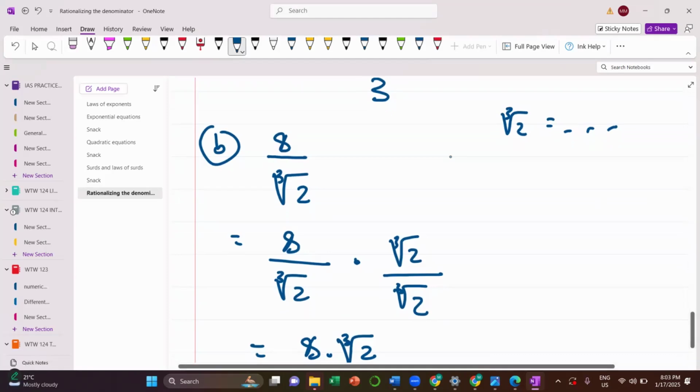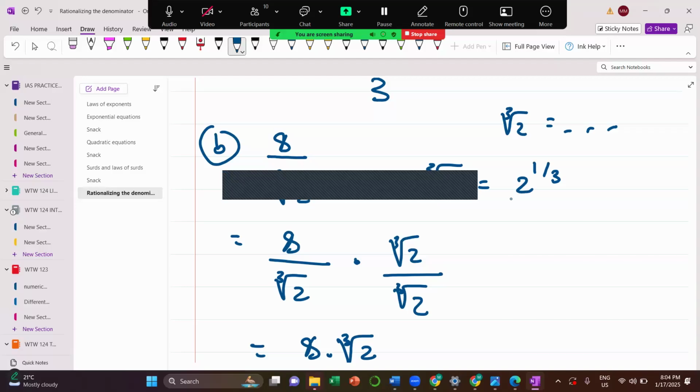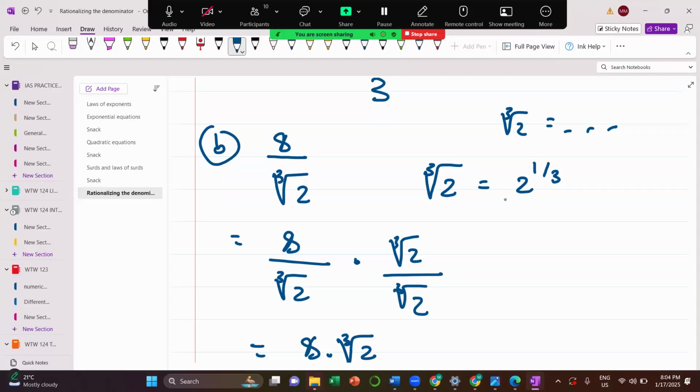Because check, cube root of 2 is just equal to 2 to the exponent of 1 over 3, right? Are you guys okay? And we want this thing to turn into a value of 2, right?